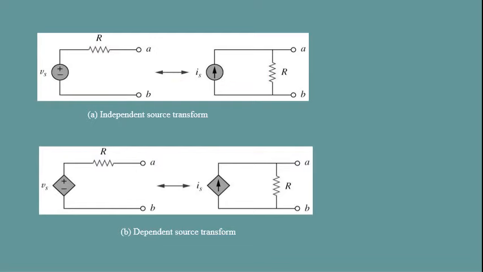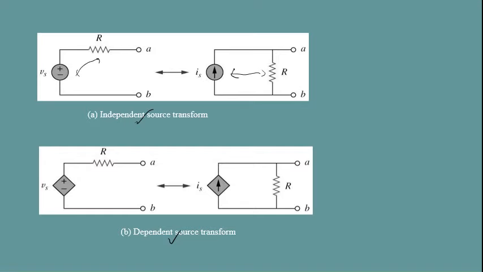Alright, now this is source transformation. The idea is to transform whether this is an independent source or a dependent source. If the voltage source is in series with a resistor, you can transform it into parallel form of a current source with this resistor.